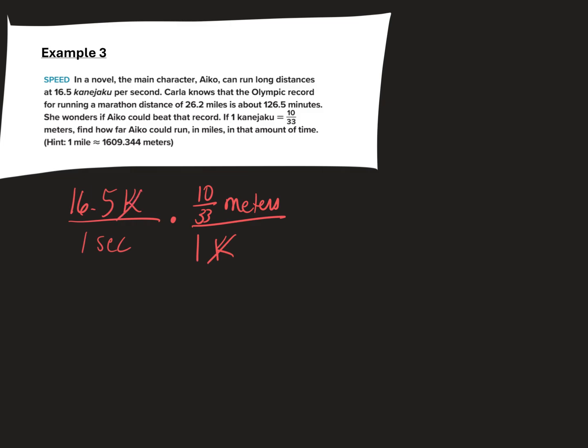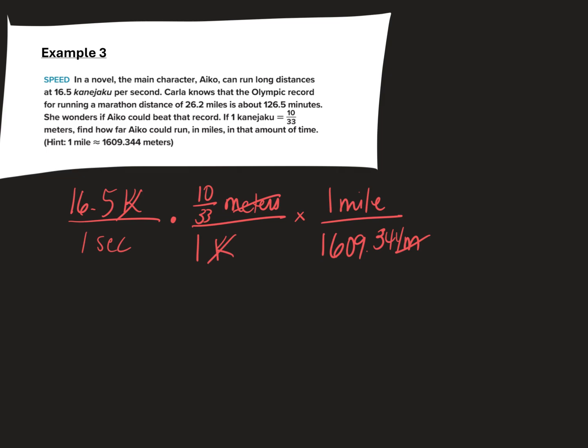So now those units are gone. And then I know that 1 mile is 1,609.344 meters. And now my meters units are gone.